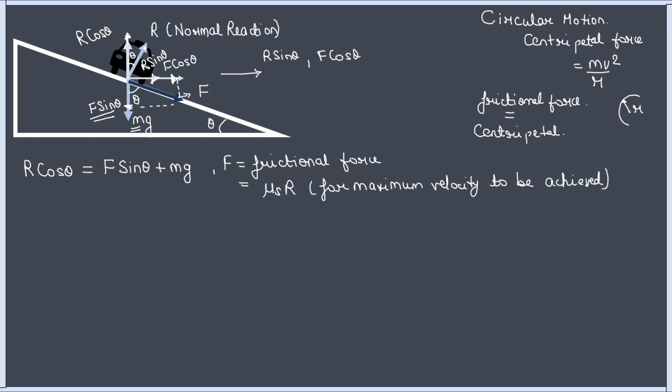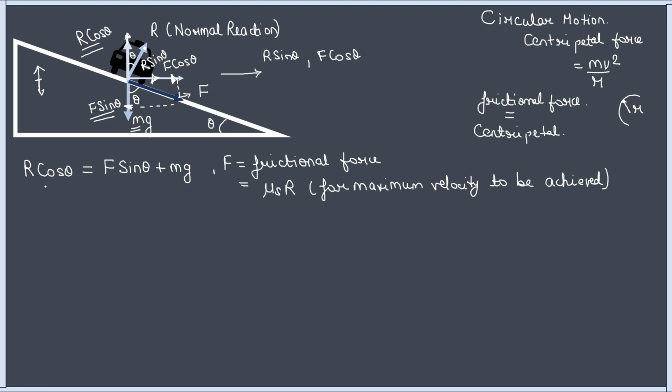In this equation we will substitute the value of f equal to mu s into r. This is r cos theta, and on the upside we equate these forces, r cos theta, with f sin theta and mg, because they are acting in opposite directions. So we just equate this, right?